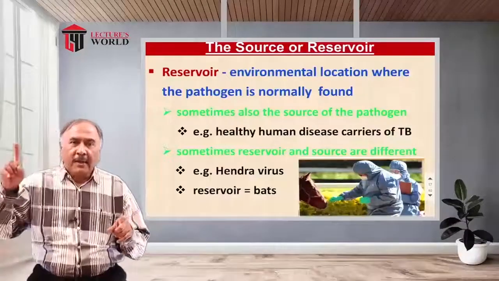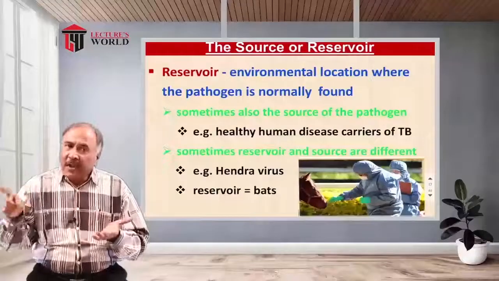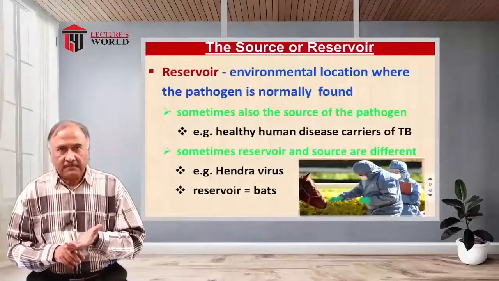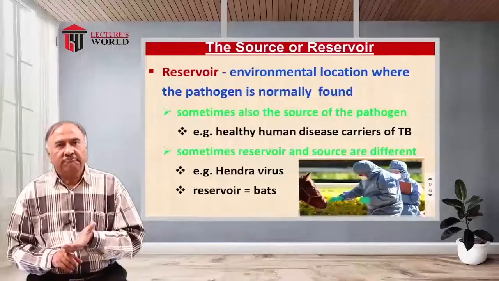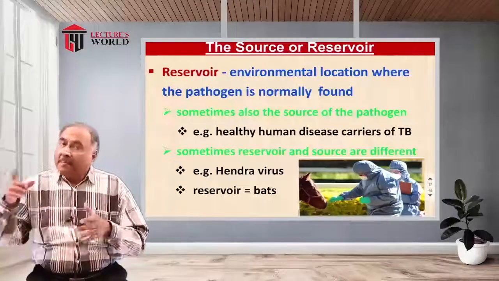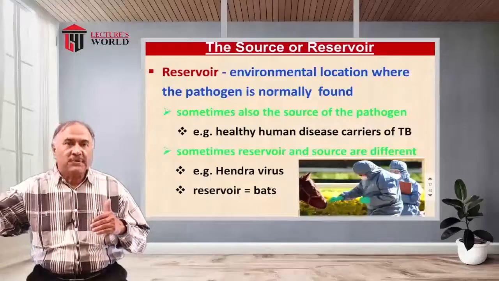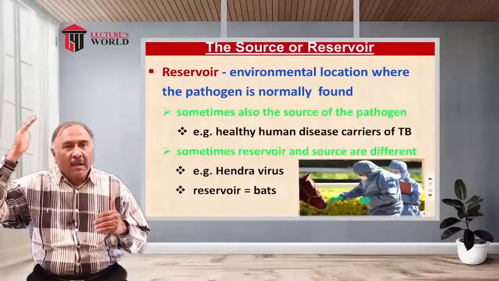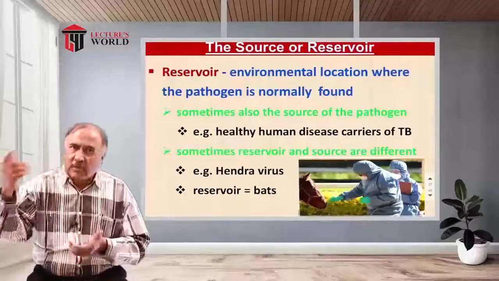That is from human to human and animal to human. So in that case, the source will be living things. That organism which causes the disease must come from some source in which that individual, either human being or animal, was diseased. So that is the source.